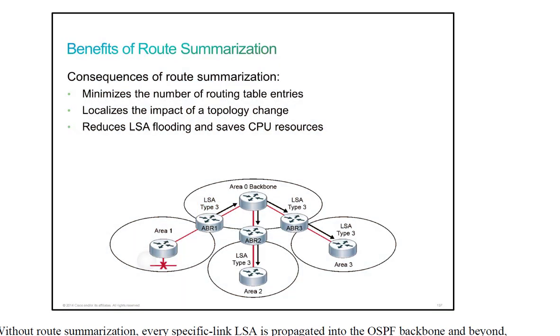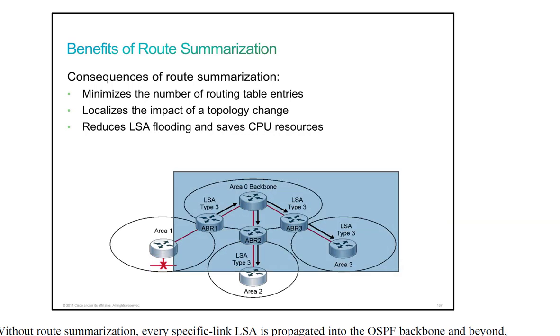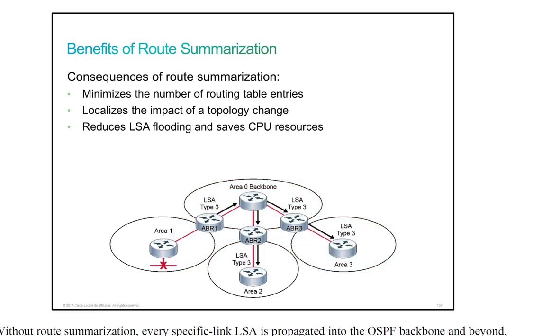What happens if an individual route goes down within the area? Does it change the summary? No. Which means that the rest of the autonomous system doesn't have to do a recalculation, doesn't have to run the shortest path first algorithm, and it doesn't have to worry about recalculating databases. Now, that means that these guys over here are still going to be routing to that network because they still think it's available, because up to the ABR it is available.